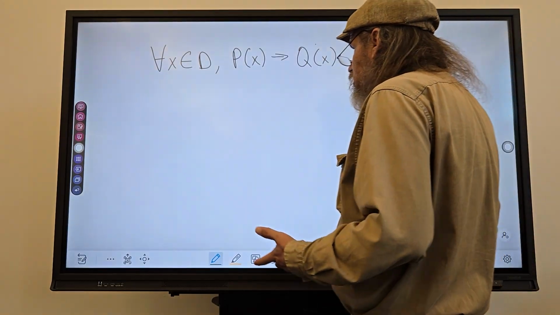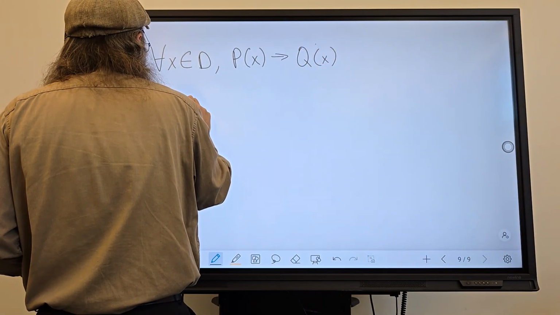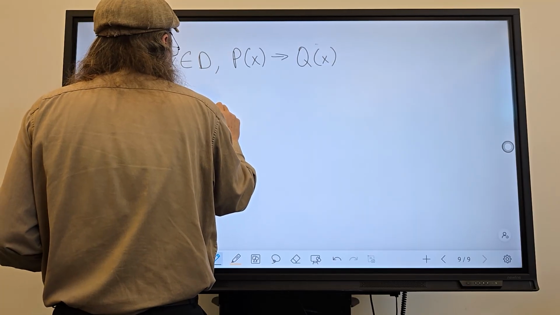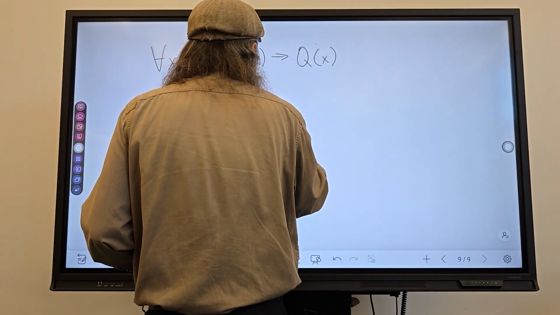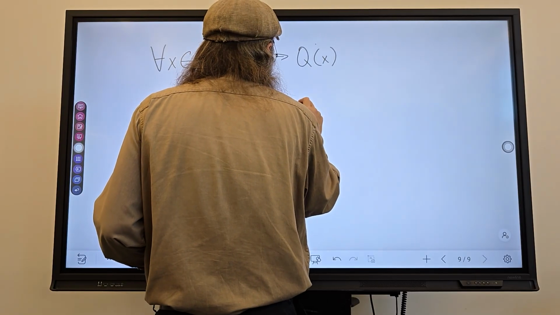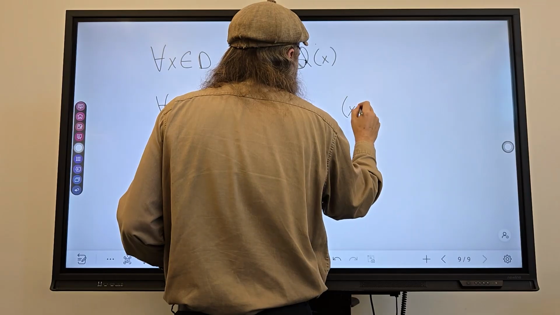The contrapositive would be for all x, element of D, if not Q of x, then not P of x.